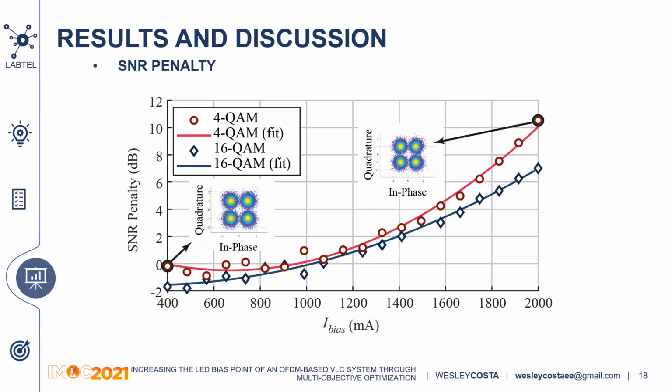The bias was varied from 400 to 2000 milliamperes, and as can be seen, the SNR penalty increases with the bias current because of the LED's nonlinearity, which increases for a bias greater than 750 milliamperes. In the linear region, which is for bias lesser than 550 milliamperes, the penalty changes are not expressive.